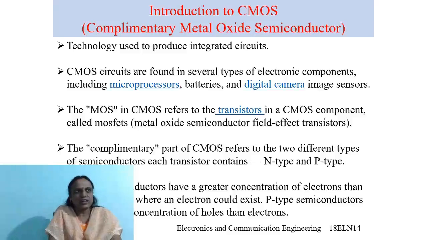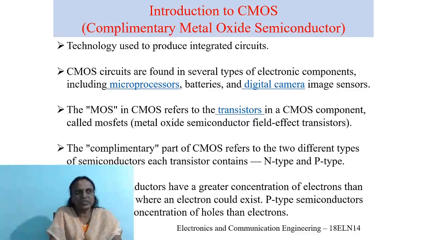N-type semiconductors have a greater concentration of electrons than holes, because it is N-type, or places where the electron could exist. Whereas on the other side, complementary to it, P-type semiconductors have a greater concentration of holes than electrons.